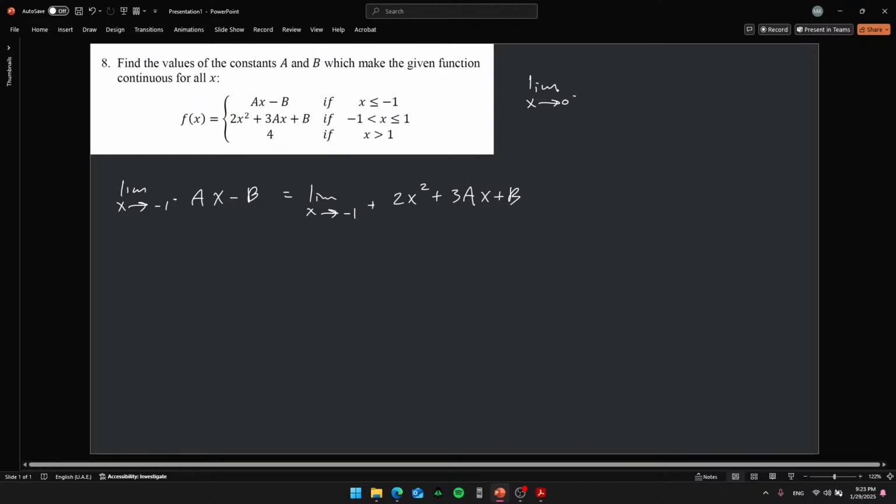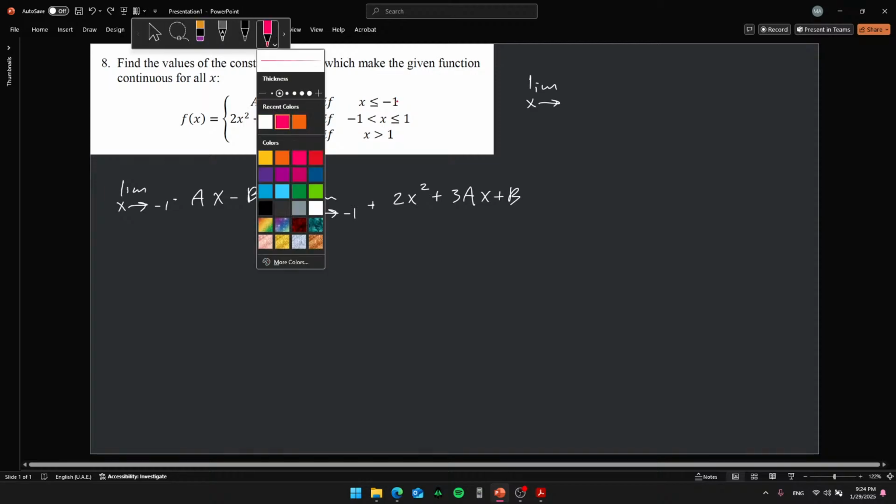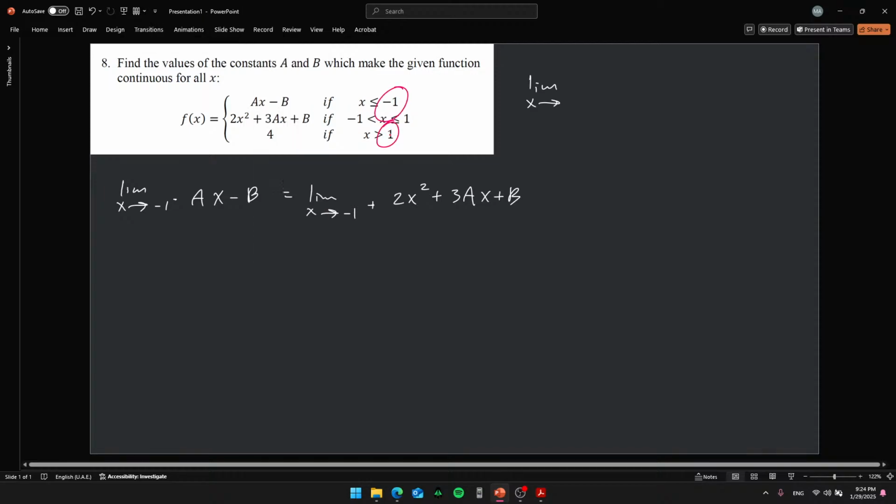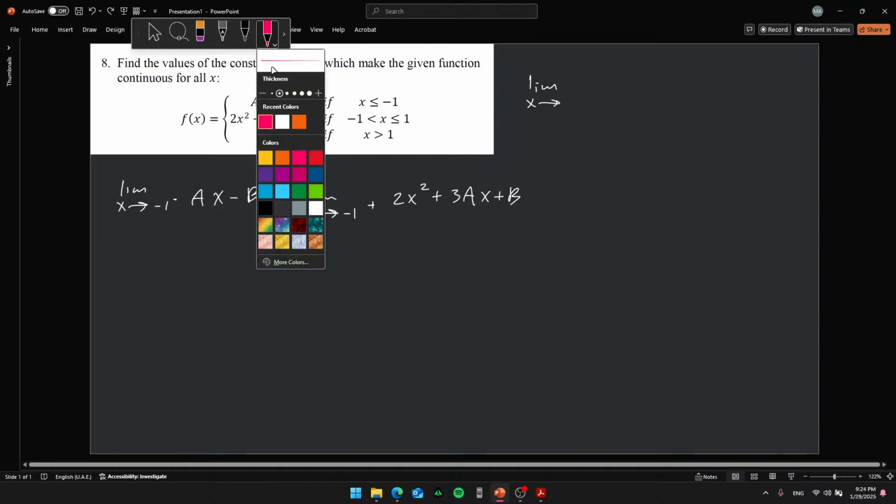Oh no, wait, sorry. We can't equate the first with the third because the numbers are different. We can equate the second with the third. Okay, let's do it.